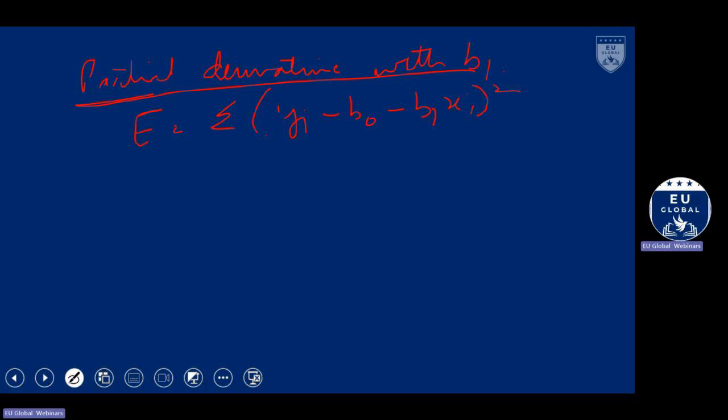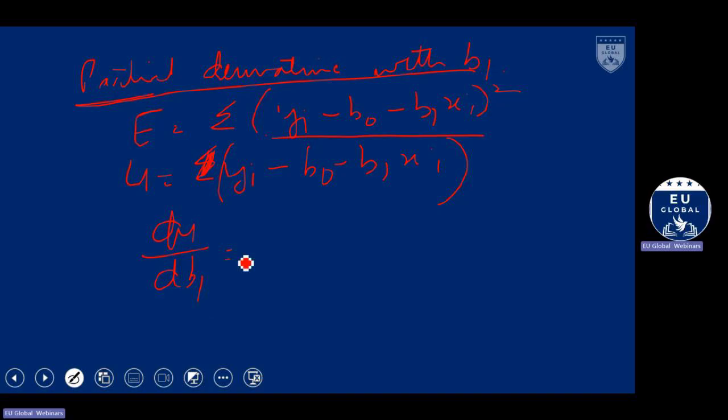This is your equation. So u will be summation of yi minus beta naught minus beta 1 xi, right? Next we find du upon db1. The first two terms will be 0, and the last value will be minus xi. So that is the value of du upon db1.